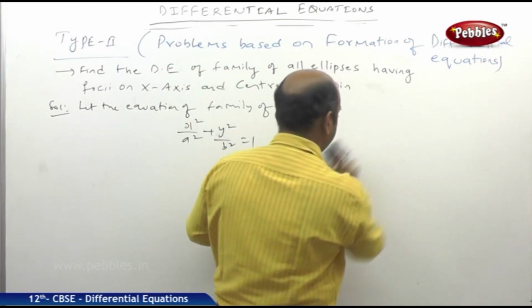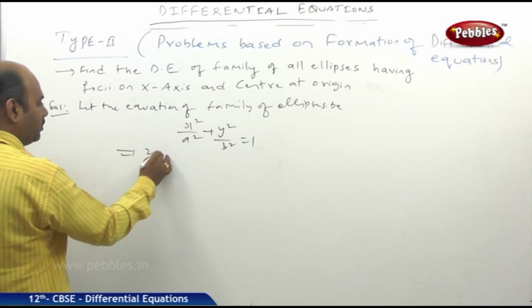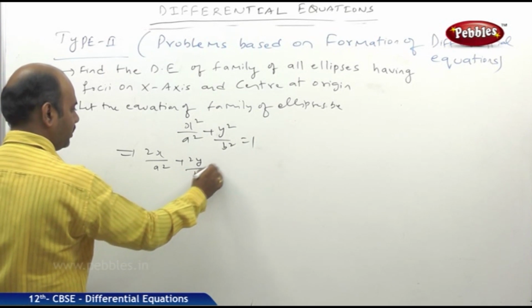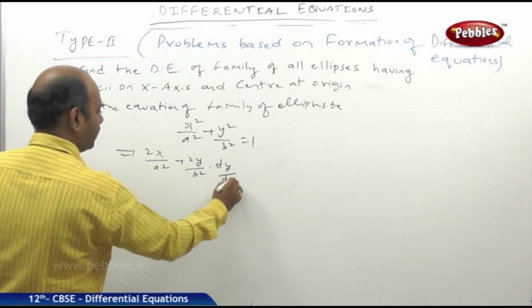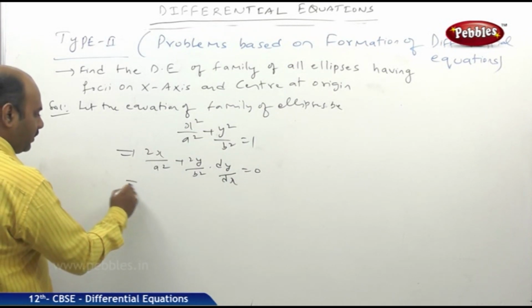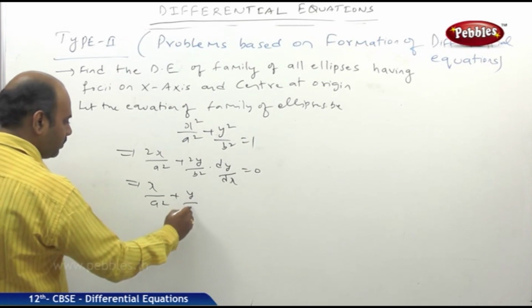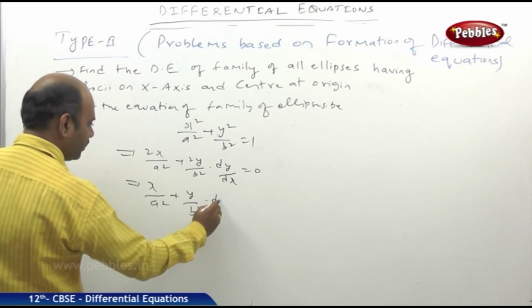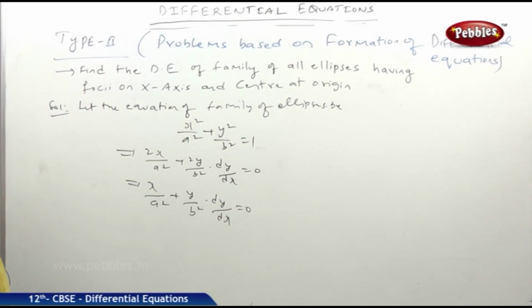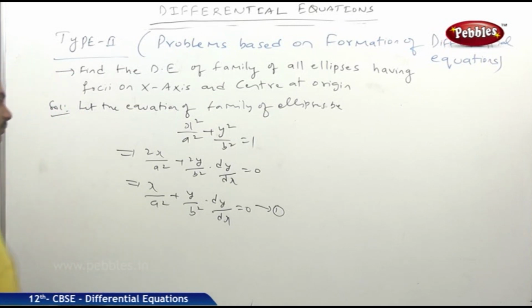Now I will be differentiating on both sides. So 2x by a square plus 2y by b square into dy by dx is equal to 0. Finally, x by a square plus y by b square into dy by dx is equal to 0. I will call this 1.